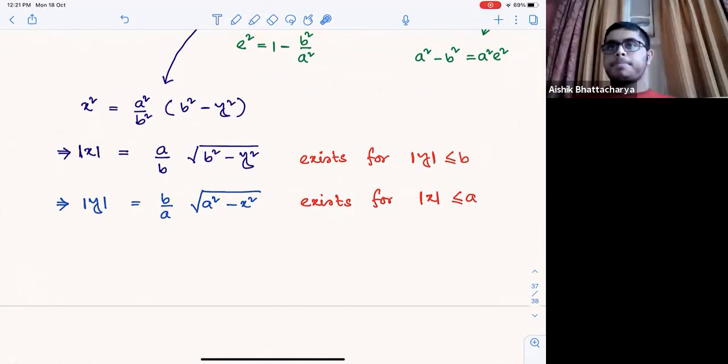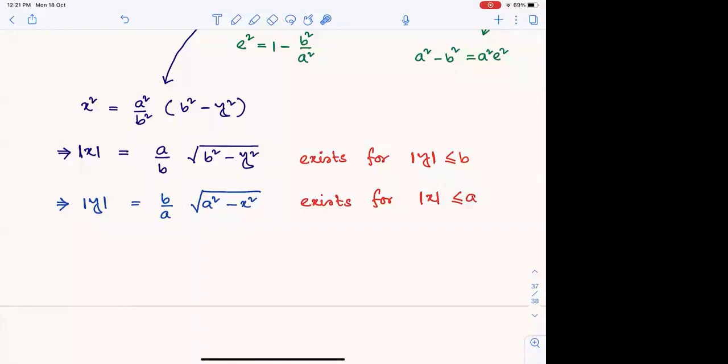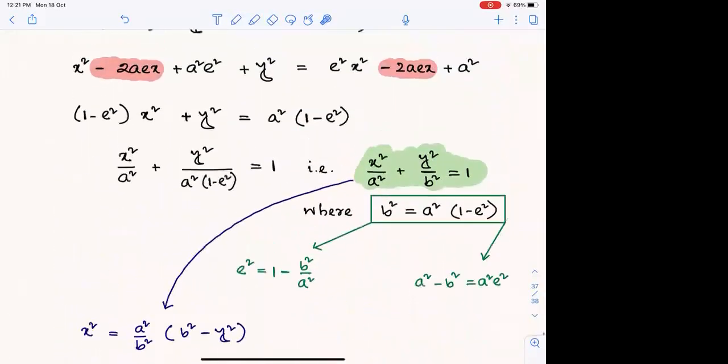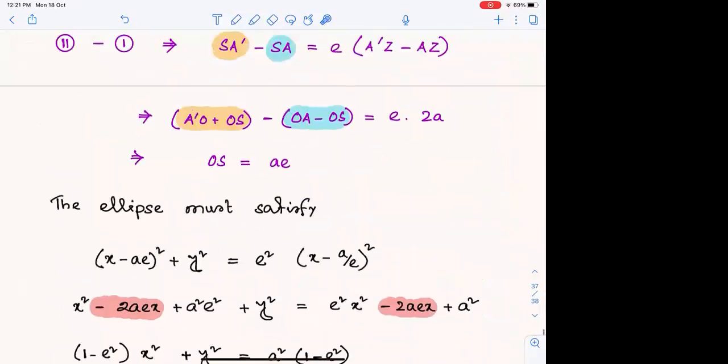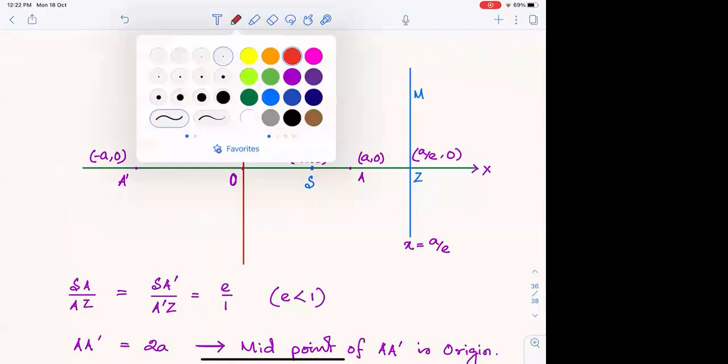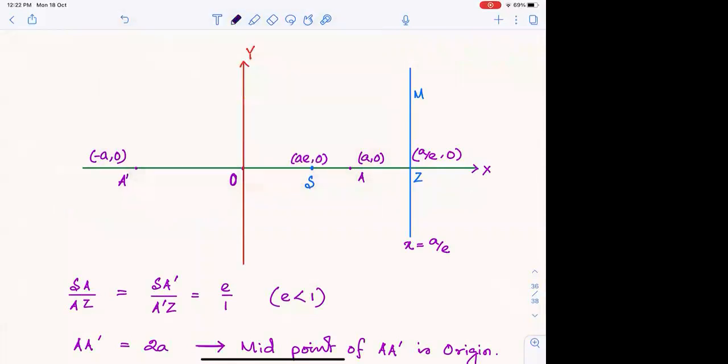Mod y must vary between 0 to b. Mod x should vary between 0 to a. That means, accordingly, we can think of a rectangle to contain this whole curve, and the rectangle which is going to contain our curve is going to be of this variation.